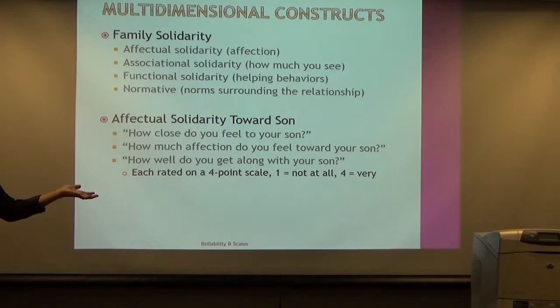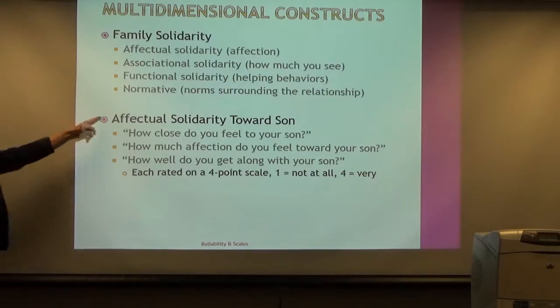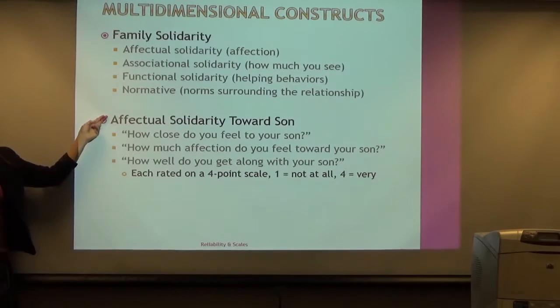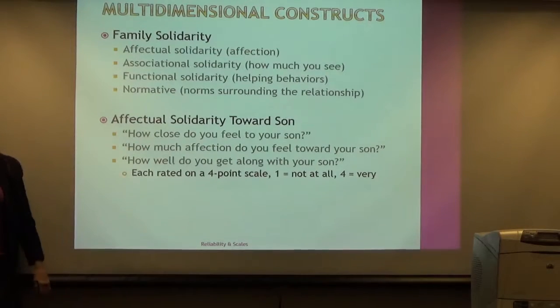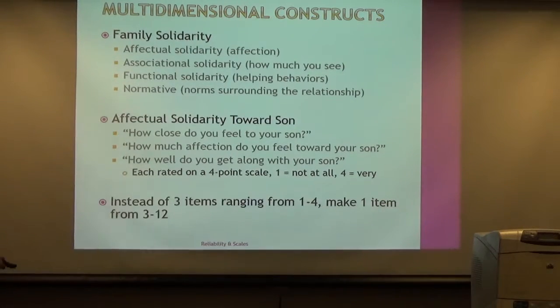Okay? They're the mirror of each other. So it's truly ordinal, but we're going to use it as interval, as Ali said, because it's a Likert exception. Okay? So my life is way simplified if I have one variable called affectual solidarity towards son that I can run tests on, rather than running repeated tests on 3 individual variables. Okay? So that's the whole point of it.